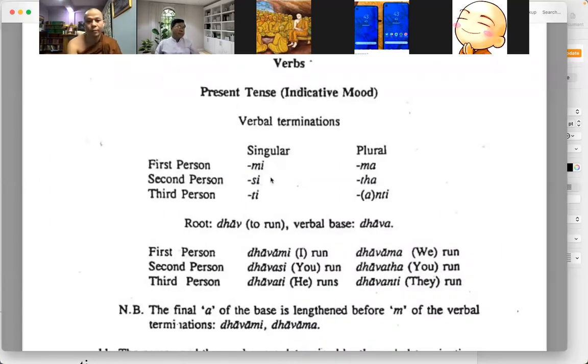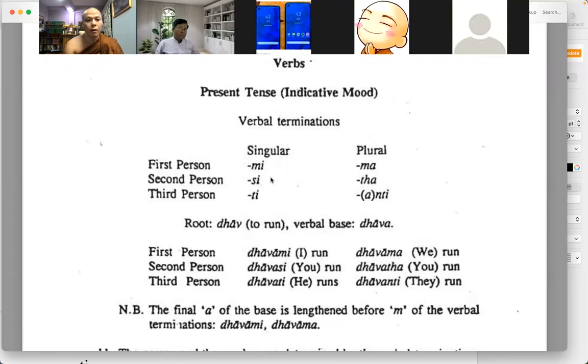That is why I changed it. Also, it is smoother to recite. Mima sita di anti, or di anti sita mima. So di anti sita mima is, I think, a bit smoother than mima sita di anti. Later you will see the verb termination.